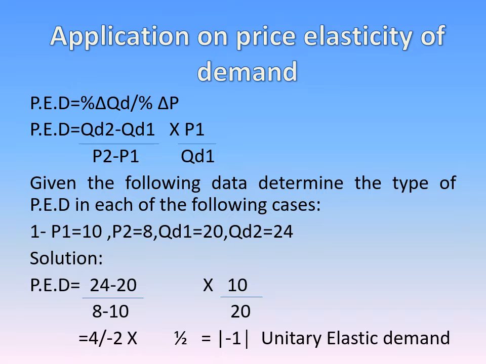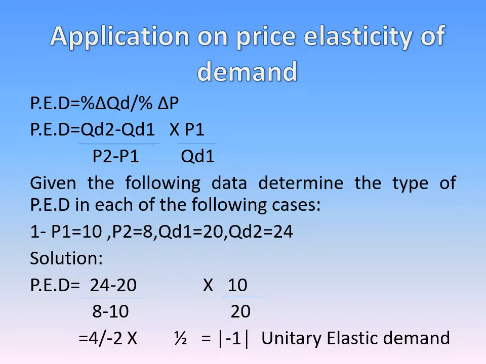To calculate price elasticity of demand, we might have two ways. The first way is percentage change in QD divided by percentage change in price, or the detailed rule. Today we are going to apply the detailed rule, and next lecture, inshallah, we are going to apply the first one, which is easier.